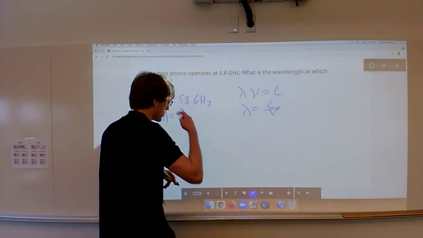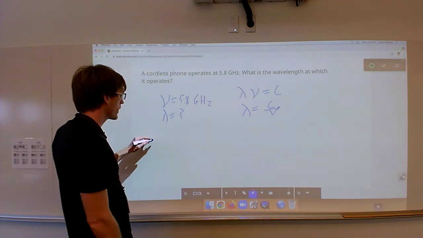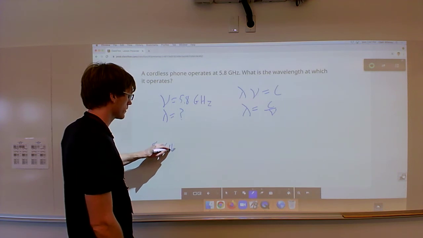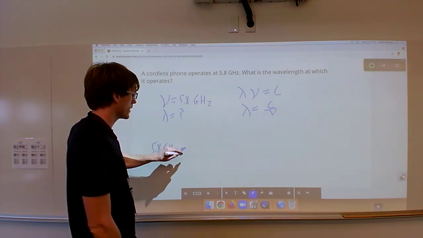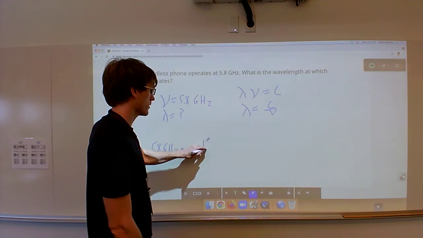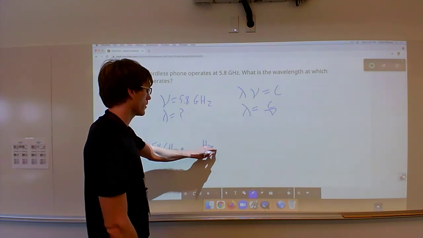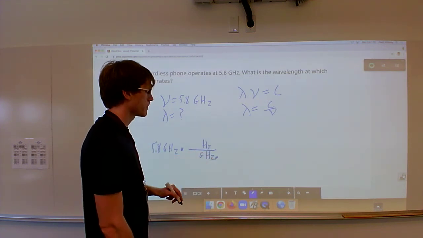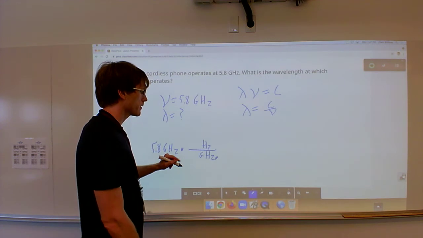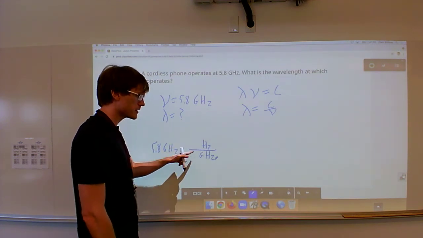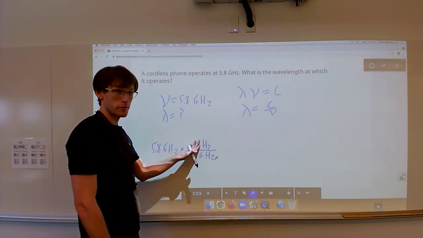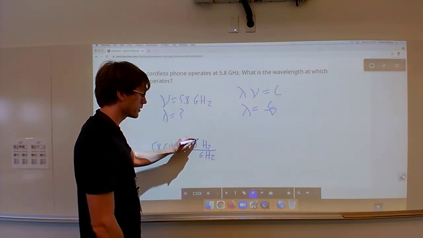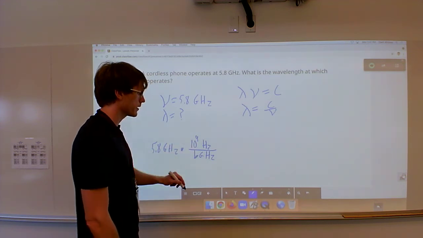If we go back to our metric conversions, we might know that 5.8 gigahertz times how many hertz are in a gigahertz? 10 to the 9th. But is it 10 to the 9th hertz in a gigahertz, or 10 to the 9th gigahertz in a hertz? Well, hertz are small, gigahertz are big, so there are a lot of these little hertz in 1 gigahertz.